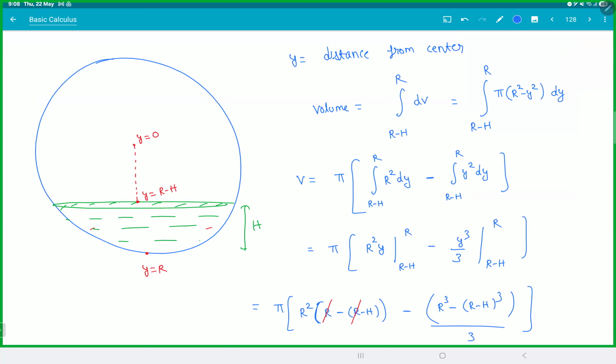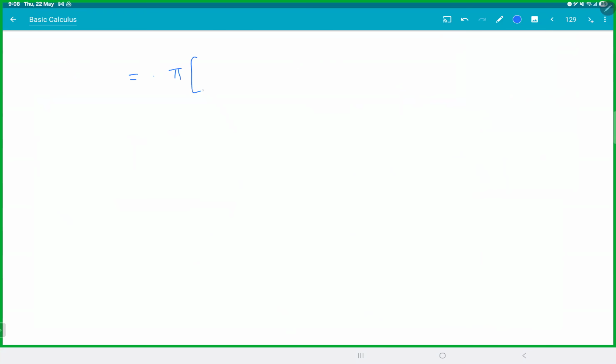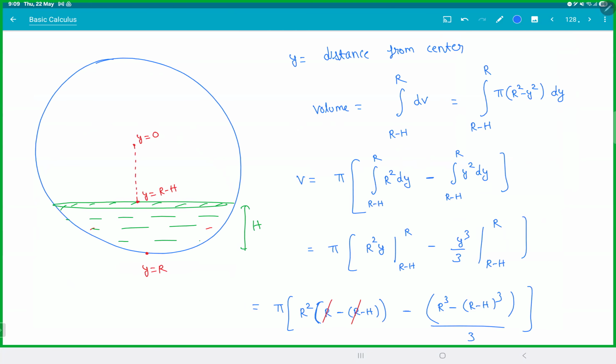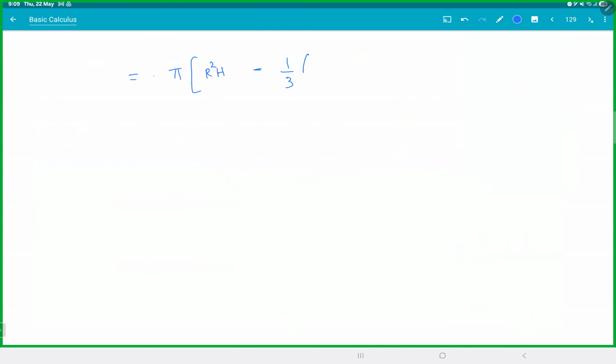So pi r square h minus 1 by 3. This will be r cube minus r minus h whole cube, which is r cube minus 3r square h plus 3r h square minus h cube. That is the a minus b whole cube expansion, everyone. In this, r cube and r cube terms cancel off. You are left with pi r square h minus 1 by 3.